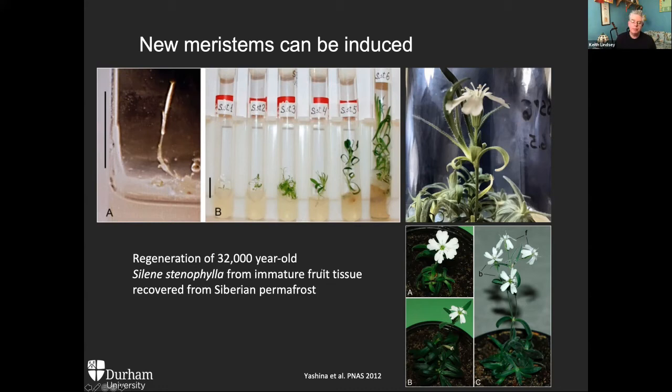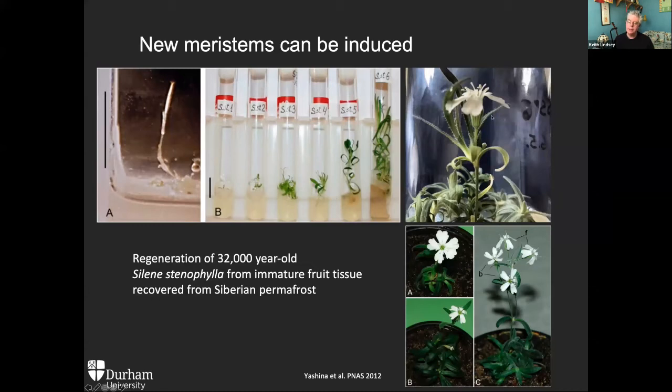And although the fruit wasn't able to produce viable seed, they were able to use tissue culture techniques to produce firstly that callus tissue, that wound tissue, and then regenerate from that perfectly viable plants.